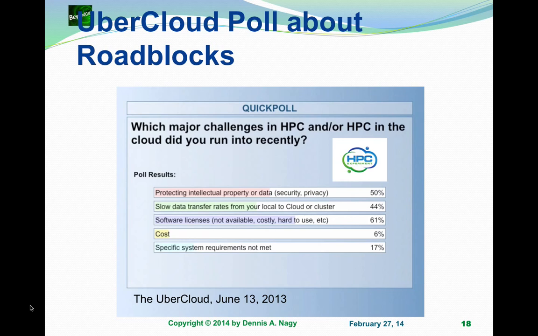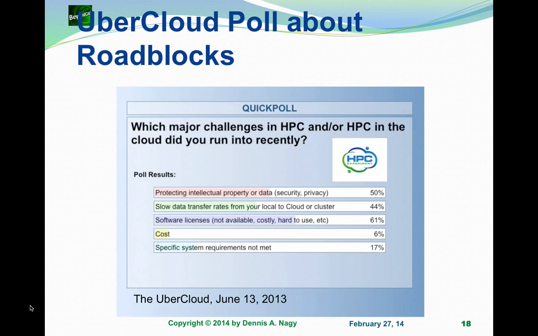So a lot of the risk of having something out there on the cloud is maybe more perception than reality, but even if it's perception, it has to be dealt with. And then there are the other issues, as you see in that poll. Those colored bars and percentages show how many people responded saying those were their major challenges.